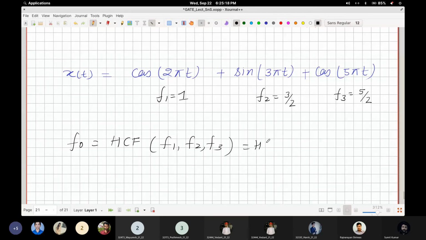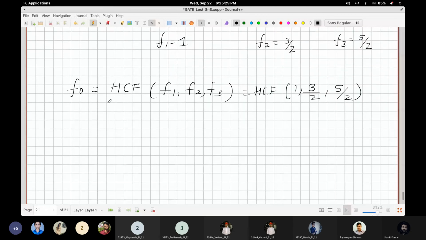That is equal to the HCF of 1, 3 by 2 and 5 by 2. How do we find the HCF of fractions? We take the HCF of the numerators, HCF of 1, 3, 5, divided by the LCM of the denominators, 1, 2 and 2. Tell me, what will be the HCF of 1, 3, 5?